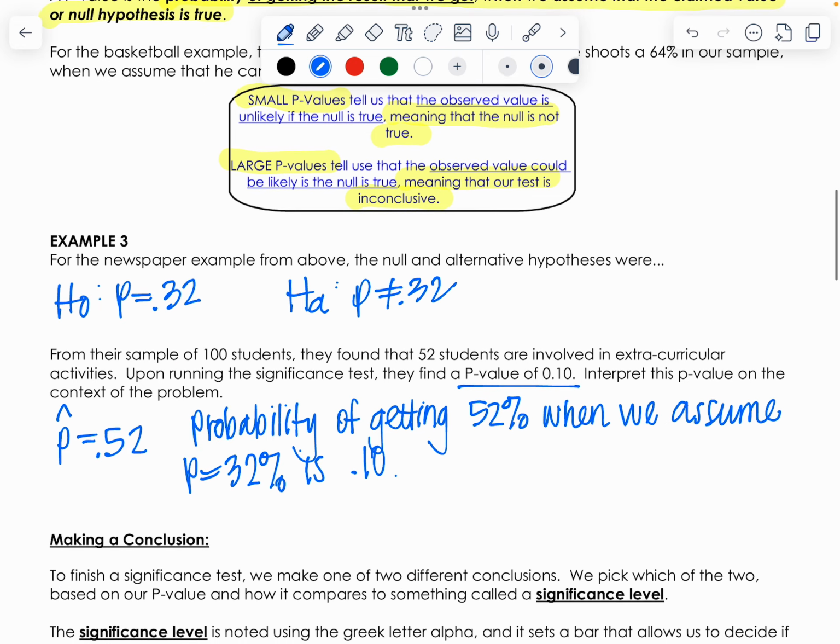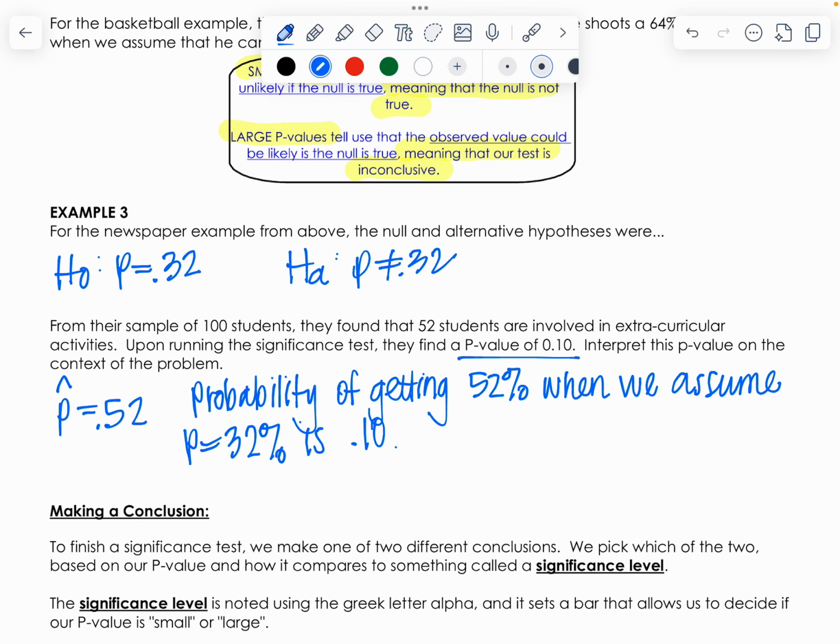All right. 10% is not huge, right? It's relatively small. And so what that tells us is maybe we shouldn't make the assumption that it's actually 32%. Maybe that's the wrong claim. And so therefore, maybe we have disproven that claim, instead saying it might actually be bigger or not equal to 32%. Okay? And so after that p-value, we draw a conclusion.